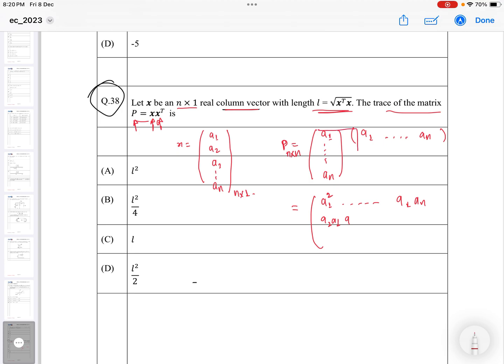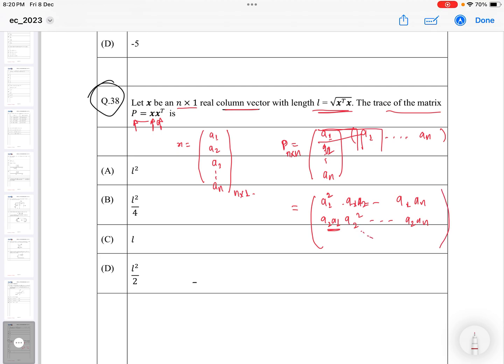So first we will multiply this, so we will get A1 square, then here we will get A1 A2 and so on, right? And now the second row, here it will be A2 A1, then A2 square, A2 AN, right? So you got the idea of what we are going to get.